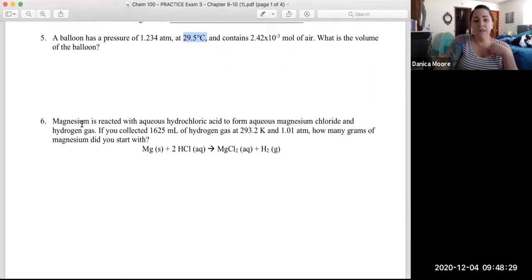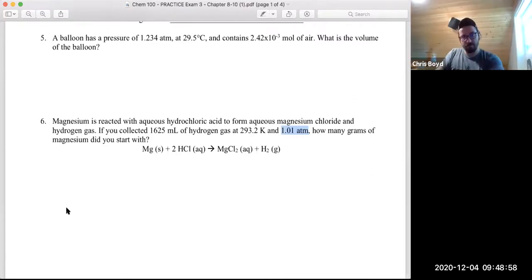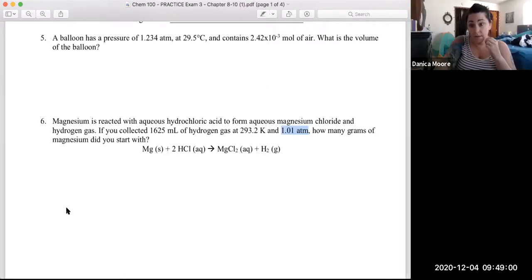Cool. All right, so for this problem, first of all, we're given a volume, a temperature, and a pressure, right? So what should we be thinking we're probably going to use in this problem? Yeah, we're going to need the ideal gas law, right?